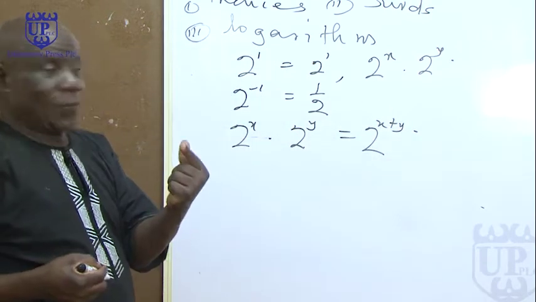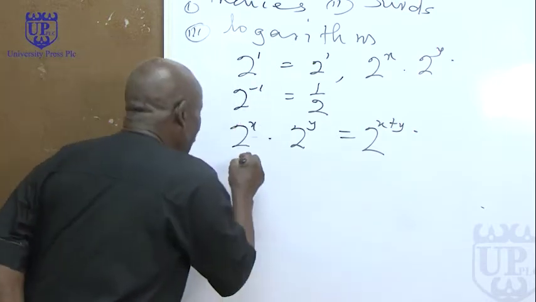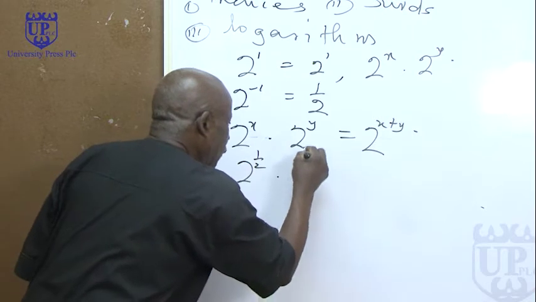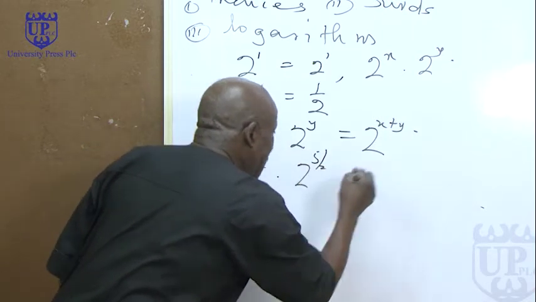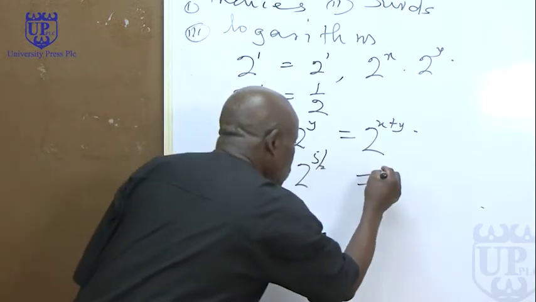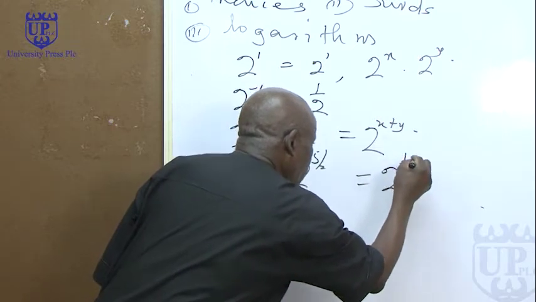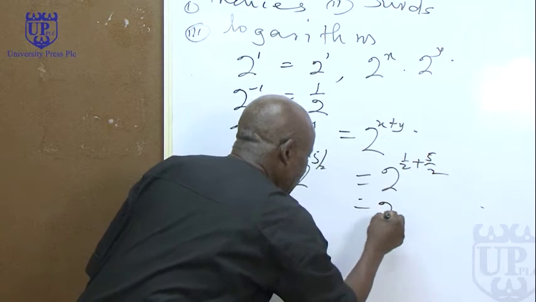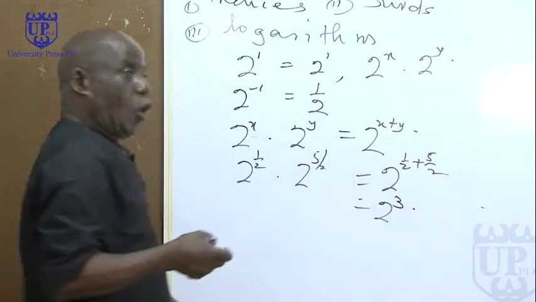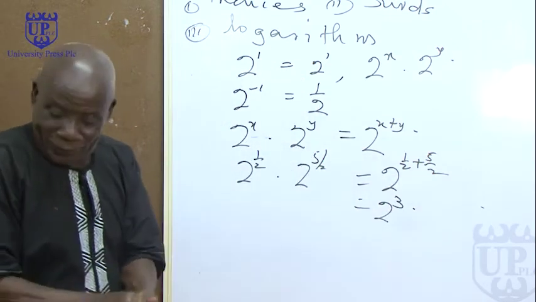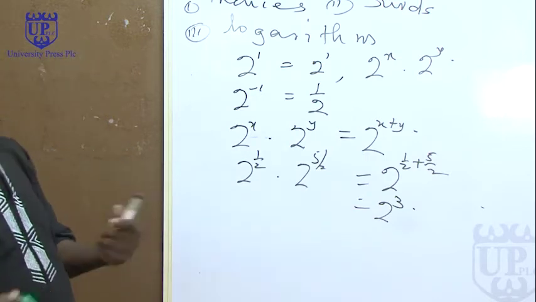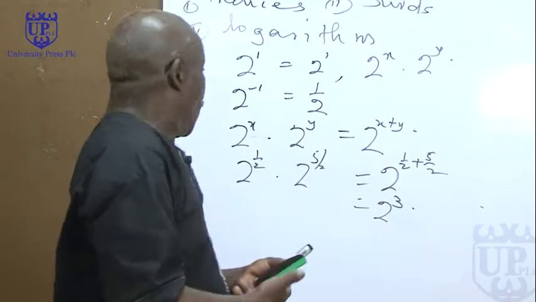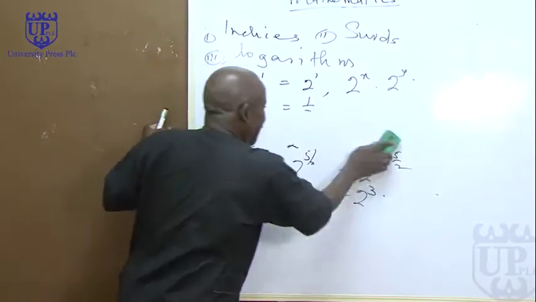For example, 2 raised to power 1 over 2 multiplied by 2 raised to power 5 over 2 is the same thing as 2 raised to power 1 over 2 plus 5 over 2, which is 2 raised to power 3, and so on. Now, we have the operations of addition, subtraction, and so on.